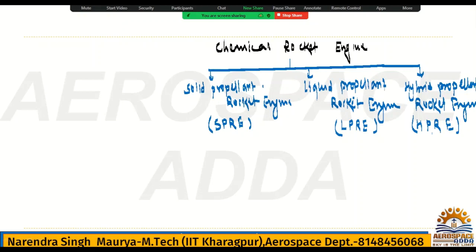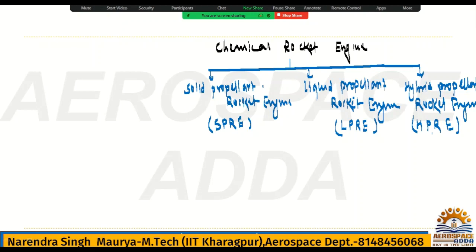We do not have a separate vessel for the oxidizer and fuel. Why? Because it is solid propellant. Both fuel and oxidizer are contained in the same casing. What the casing is and all, I will tell you.